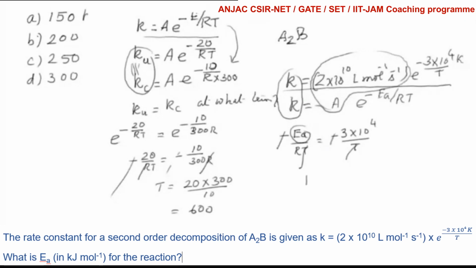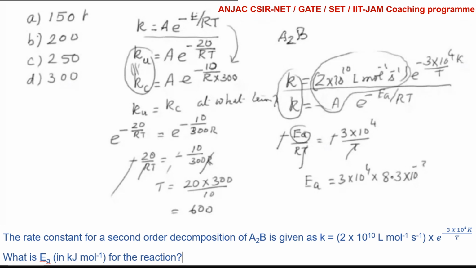Therefore, EA is equal to 3 into 10 power 4 into R. R is given in kilojoule per mole. Therefore, in joules the R value is equal to 8.316 joule. Convert into kilo, meaning 10 power minus 3.